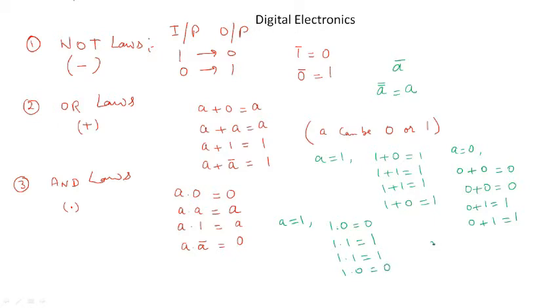If I consider A equal to 0, then you can see that 0 dot 0 will be equal to 0, again 0 dot 0 will be 0, 0 dot 1 will be 0, and 0 dot 0 bar will be 1, so 0 dot 1 will be 0.